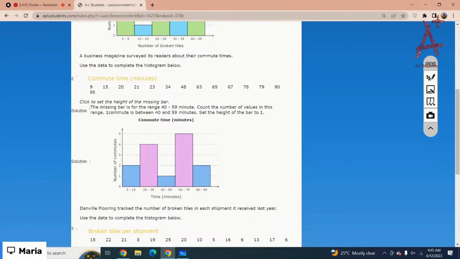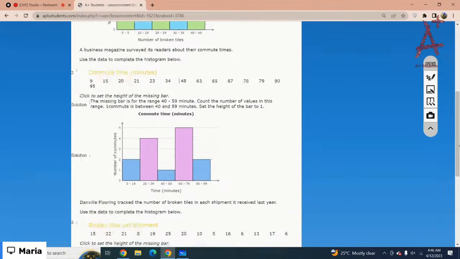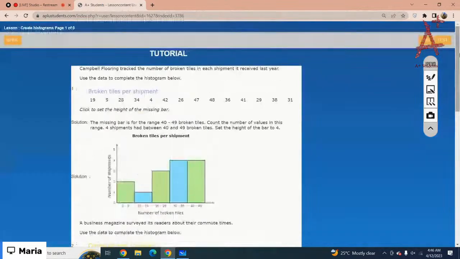You have to calculate the values from 40 to 59. You have just one value. So this bar is actually missing. Let's start with the test questions.